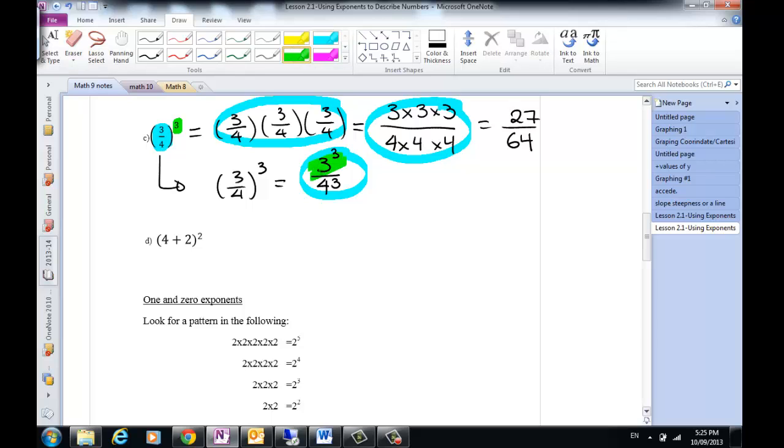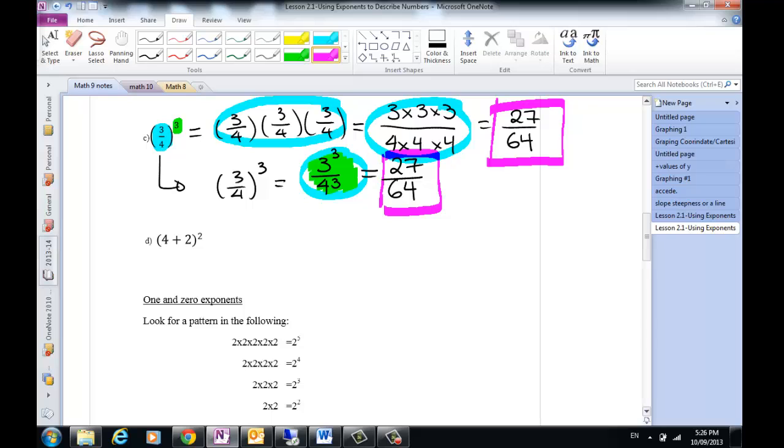But the bottom one that I'm shading in green right now is a little bit easier to write. It takes less time, and we like to do things as fast as we can. So using index notation just shortcuts your time. And again, 3 to the power of 3 is 27. 4 to the power of 3 is 64. And my solutions for both ways are exactly the same.